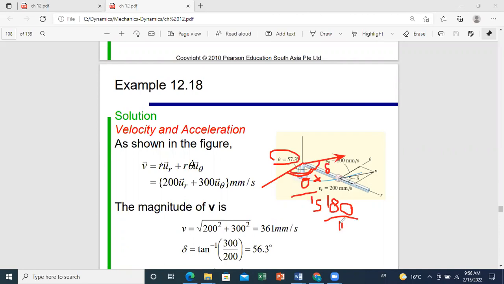Now, since you don't want to express velocity just by its direction with UR, you want to express it relative to the reference line, then you should find this whole angle. If I illustrate it in another color, you should find the angle between the reference line and the velocity. This is why you should add to theta, which is between the reference line and UR, the angle between UR and V, which is delta. So in total, the angle between V and the reference line will be theta plus delta.